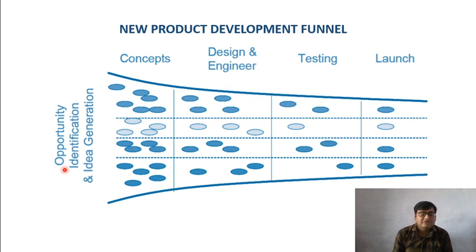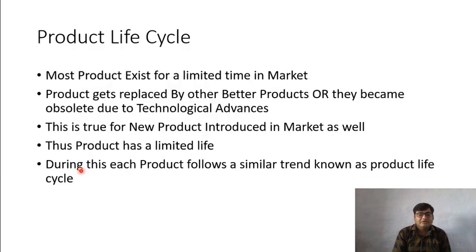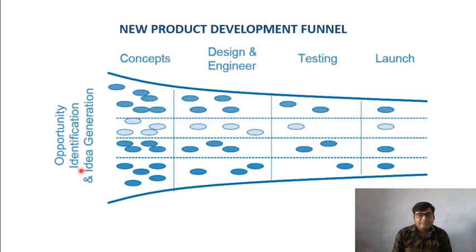If there is some unsatisfied need, then that is an opportunity for us to develop a new product. We can satisfy that need with our product and get some profit out of it. So the first step is opportunity identification. We want to identify what customer needs exist that we are not providing for.